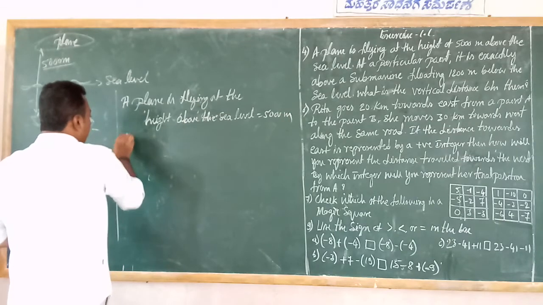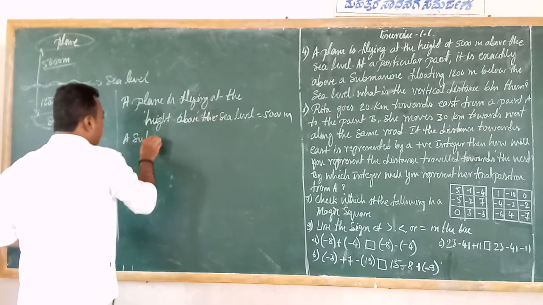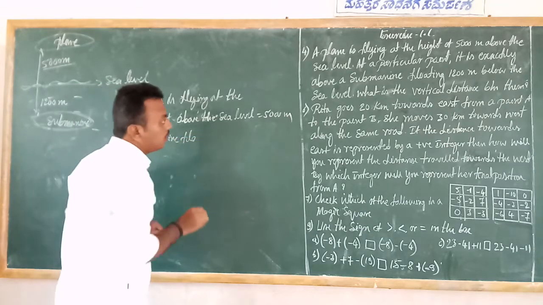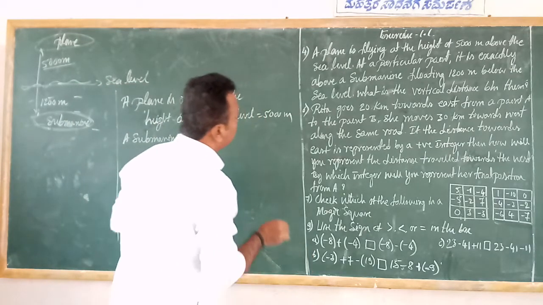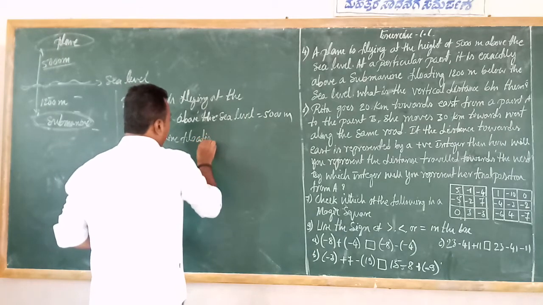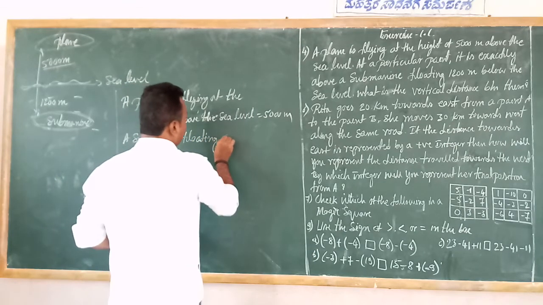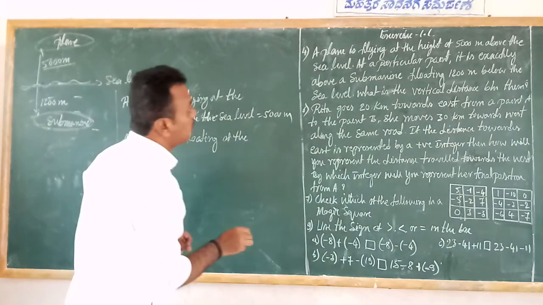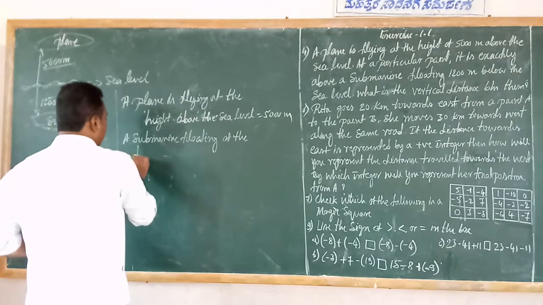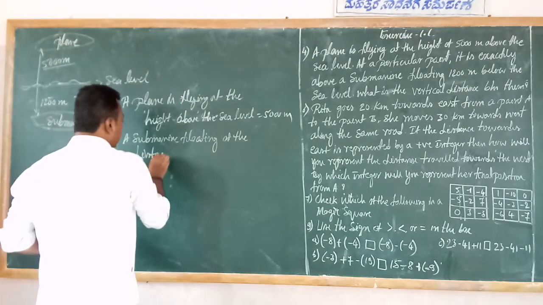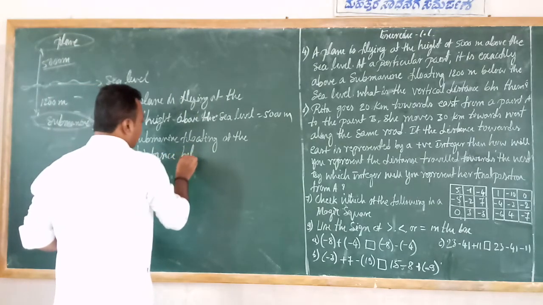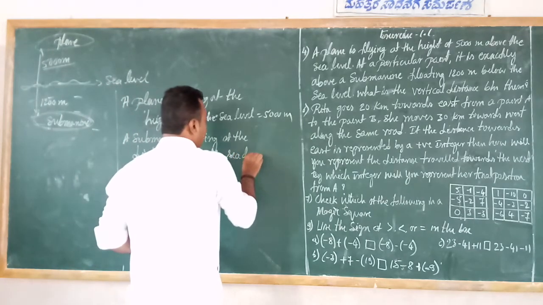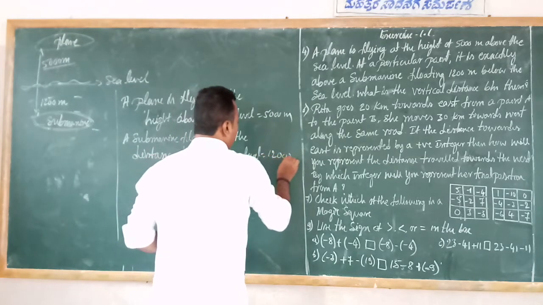Next, a submarine floating how much? 1200. The submarine is floating at a distance below the sea level, equal to 1200 meters.